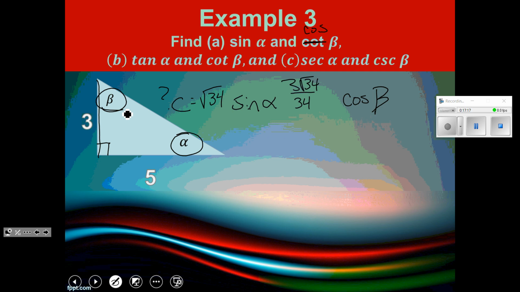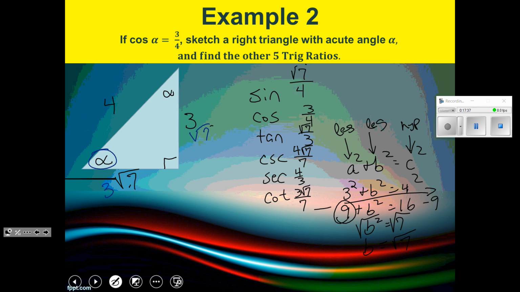3 over the square root of 34, which is going to end up being 3 square root of 34 over 34. So what's the relationship? The sine of this angle is going to end up being the exact same as the cosine. If this was alpha up here, then that makes this 3 and this square root of 7.